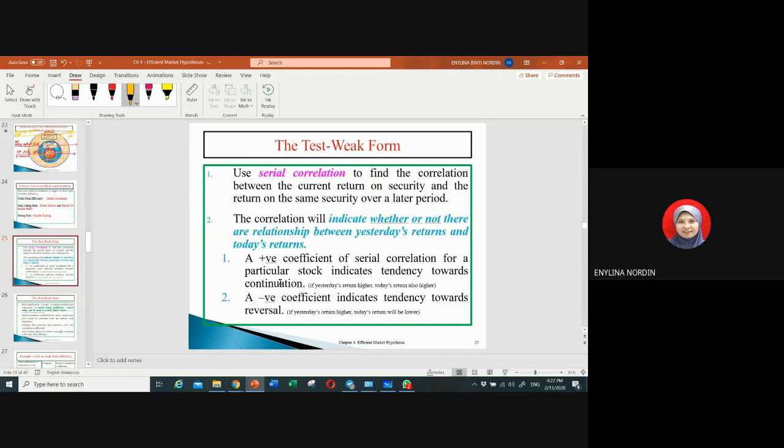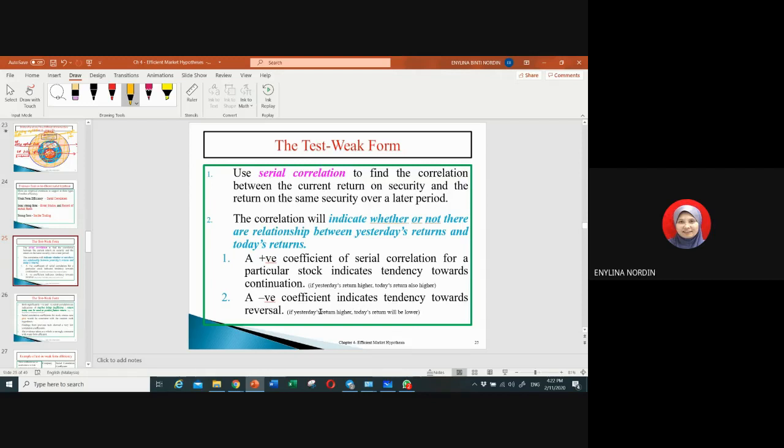So if we get a positive serial correlation coefficient here, what's the meaning if the serial correlation coefficient is negative? That indicates a tendency towards reversal.